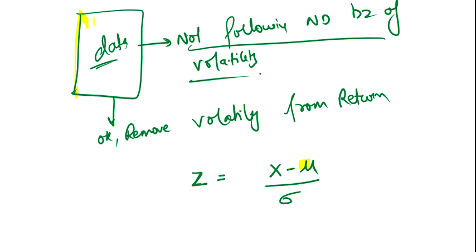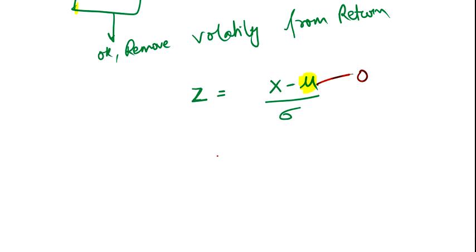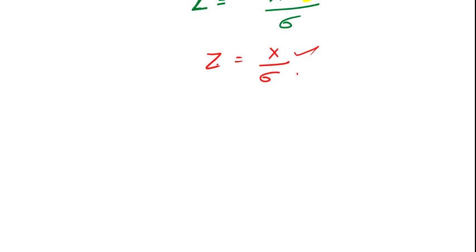Now mu is actually 0, so I simply find z as x by sigma. After putting in all the values of x and sigma, I'll be able to calculate all the values of z.